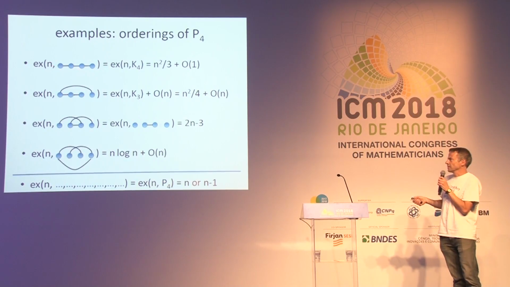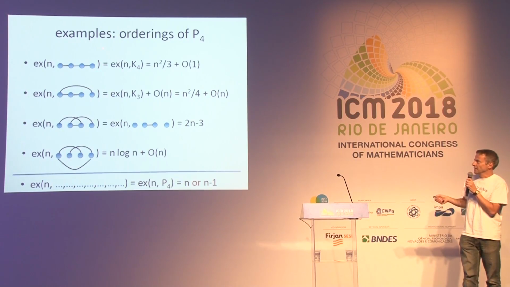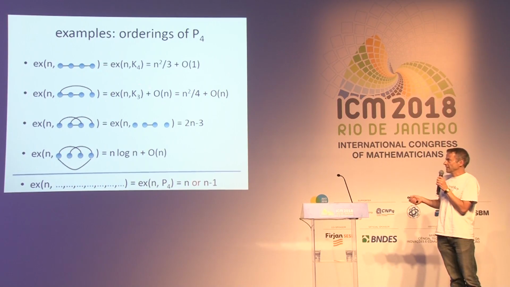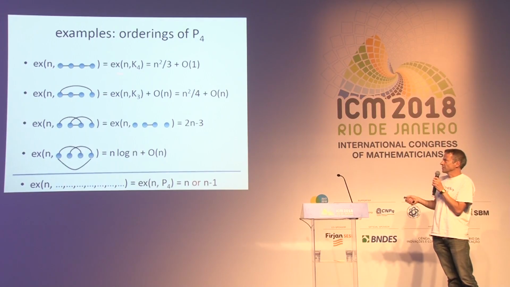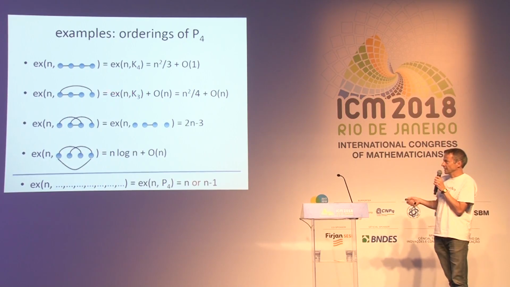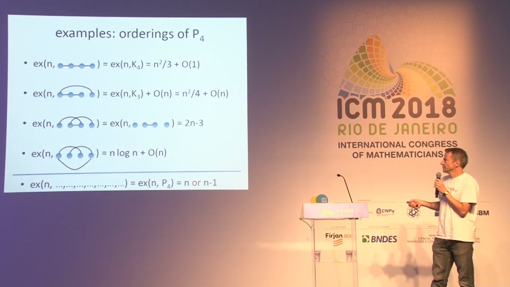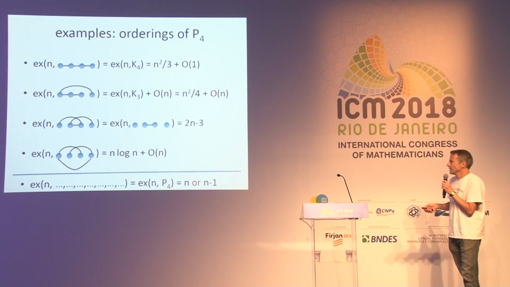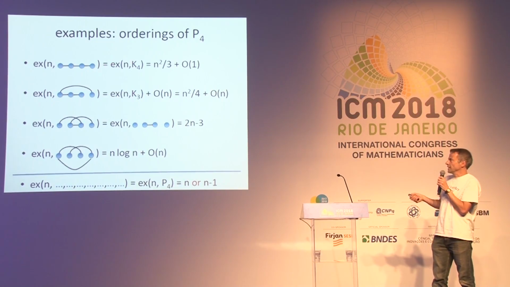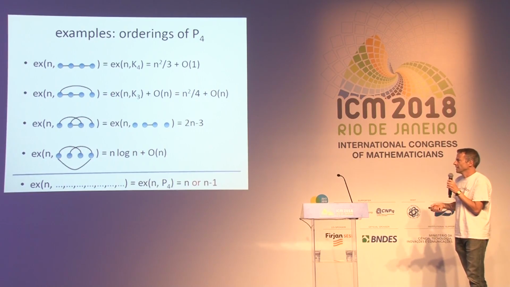This particular path of length 3 behaves like a clique. It behaves exactly like the clique. The extremal function is the same. This particular thing behaves like a clique of size 3, well, with a small error term. And we know the extremal functions for cliques from Turán's theorem.